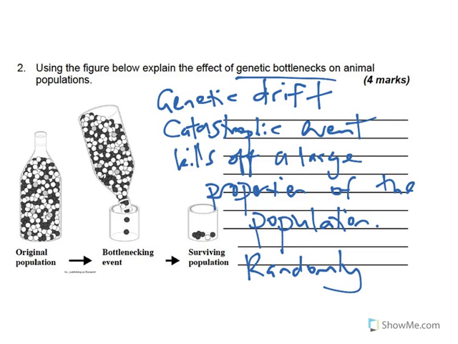And if we look at the colours in the surviving population, you see that they don't really resemble the original population very much at all. So in the original population we had quite a lot of whites, perhaps just a little fewer blacks, and a very small number of greys. In the surviving population you can see we've got predominantly blacks, only one white ball, and the grey one has been lost.